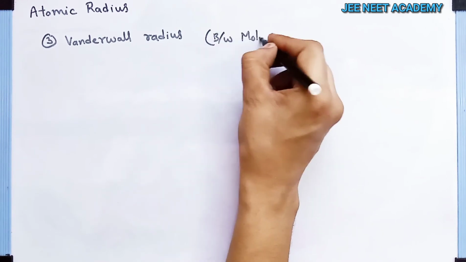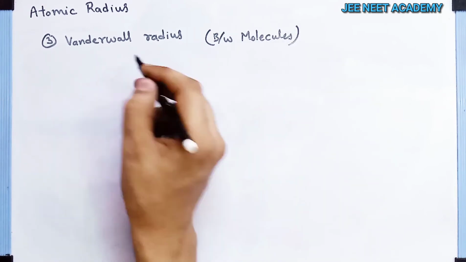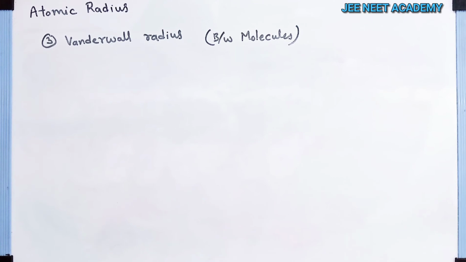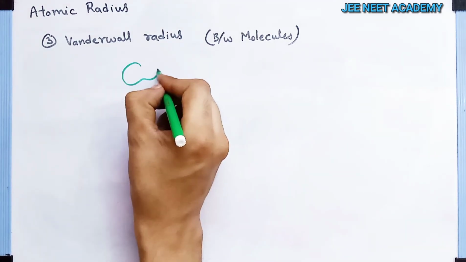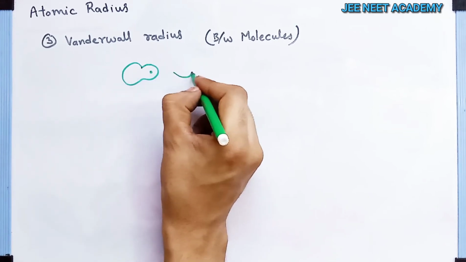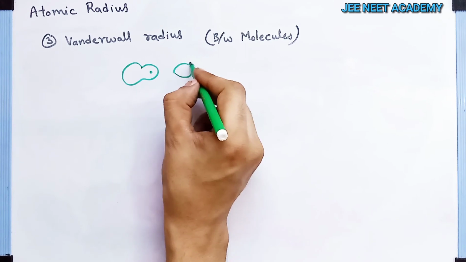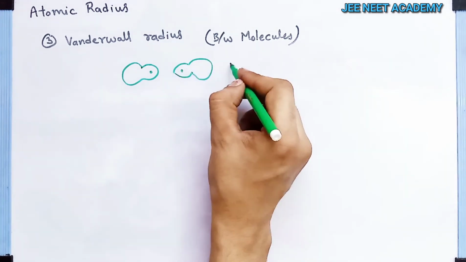Between molecules. So this is one molecule of AB. This is a second molecule of AB. Like this.